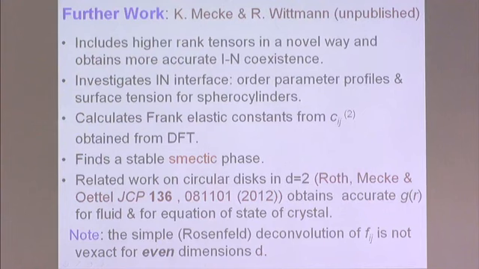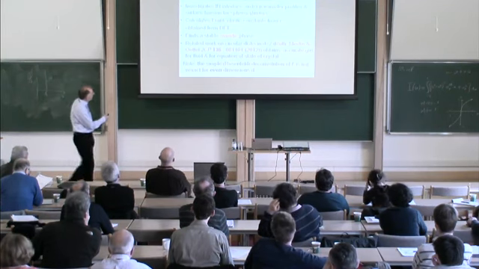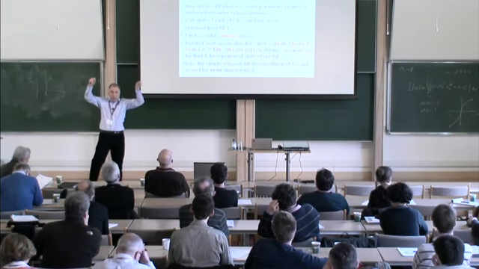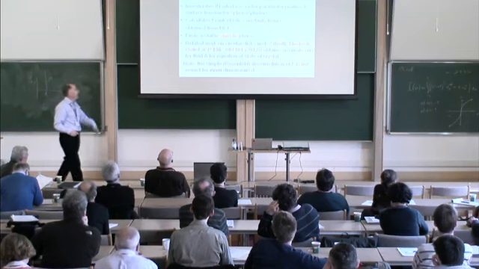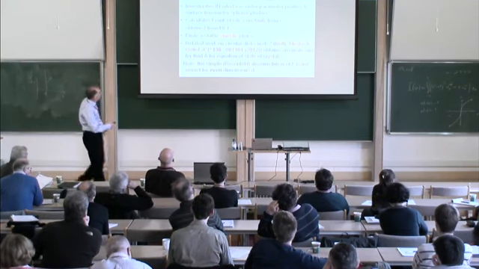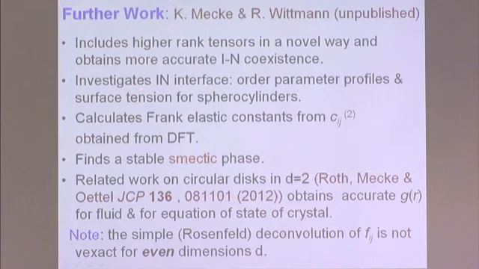And so there's a summary of what they're currently doing. Wittmann is a student. They're including higher rank tensors. In other words, to get the 1 over 1 plus n_ij better, they're working with higher order constants, higher order ranks rather. They've investigated the interface and do rather well compared with simulation. So this is surface tension in this case.